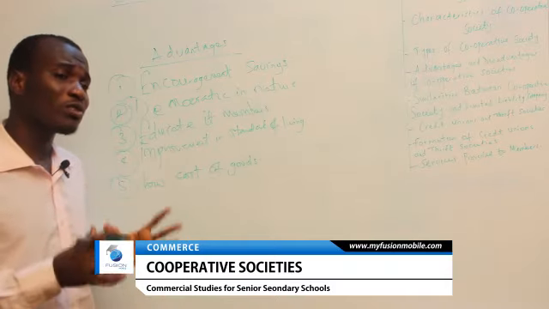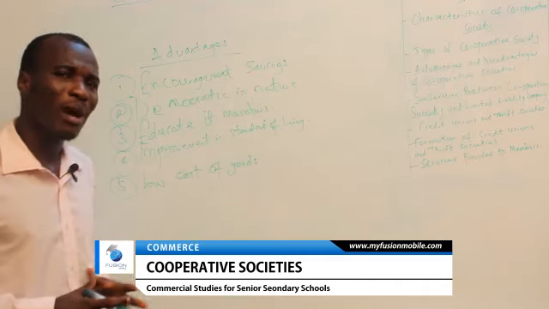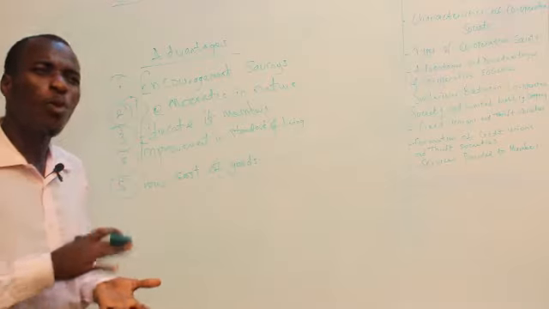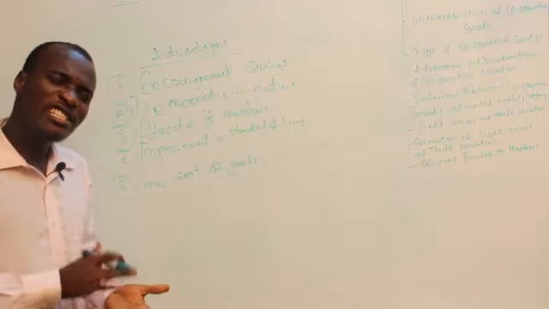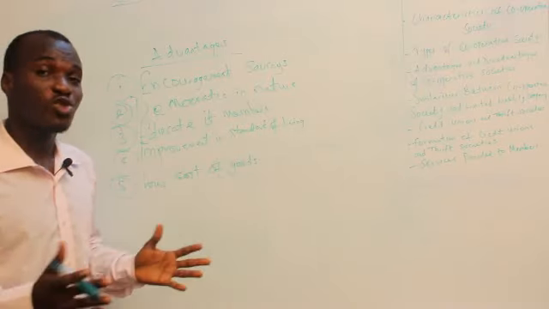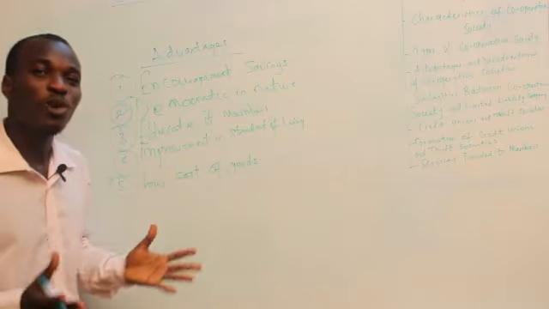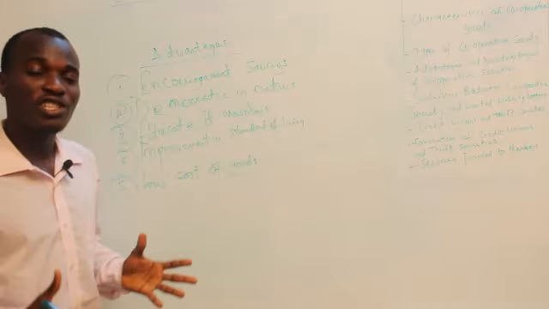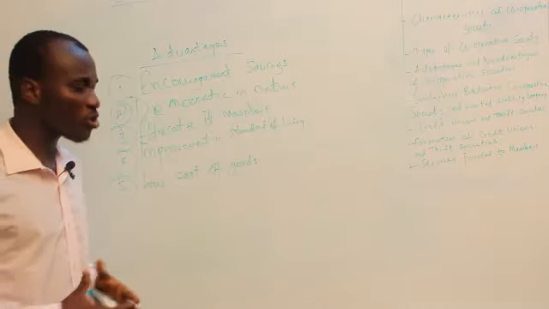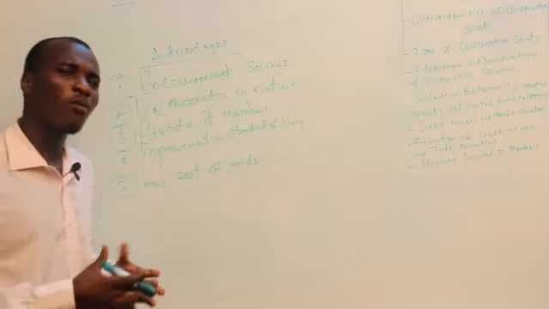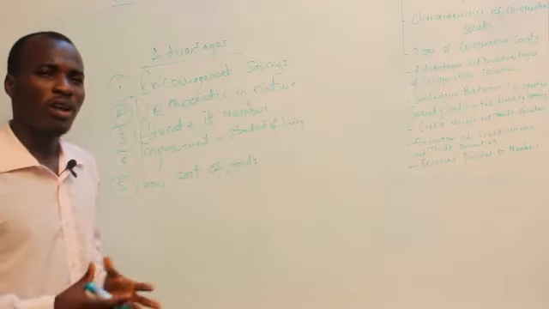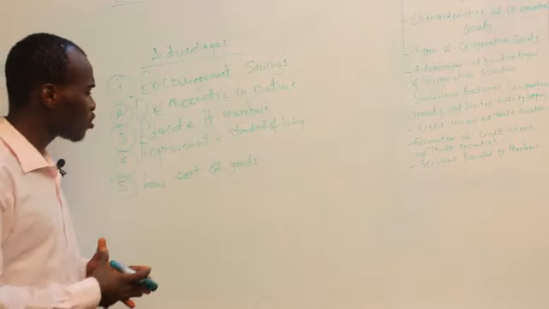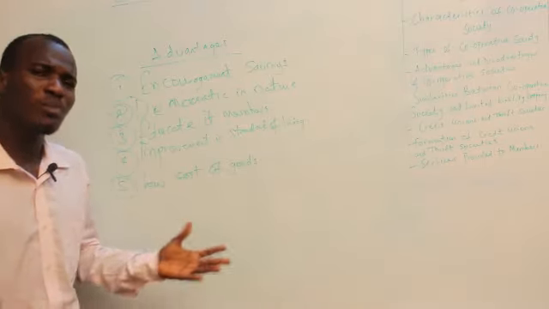Their major purpose is to ensure that goods are available to members at the lowest cost, since such goods will be bought jointly as opposed to individually, which might increase the cost of goods to its members. So the goods will be bought in bulk and then distributed to members at the lowest cost. So it ensures low cost of goods to its members.